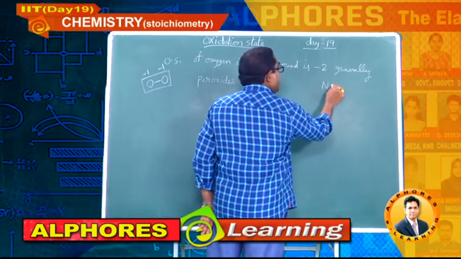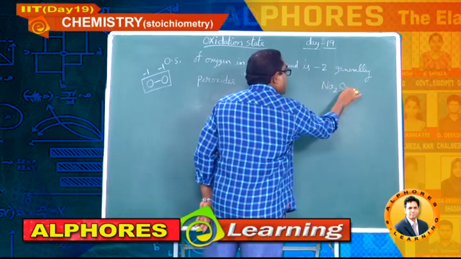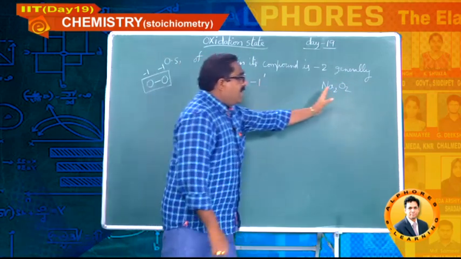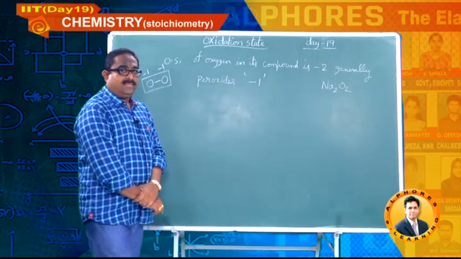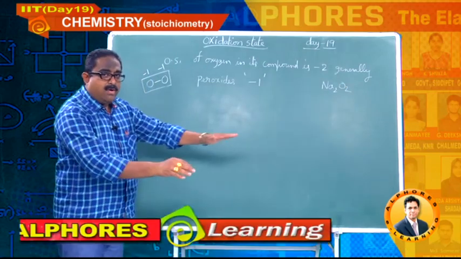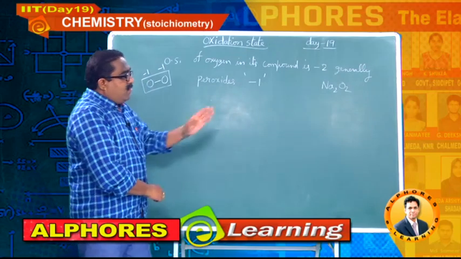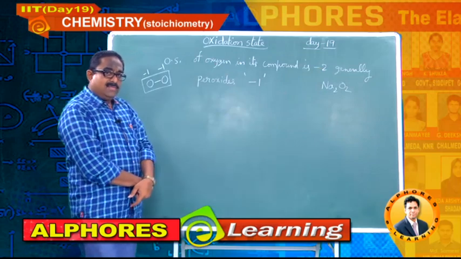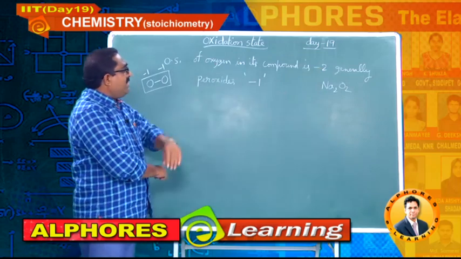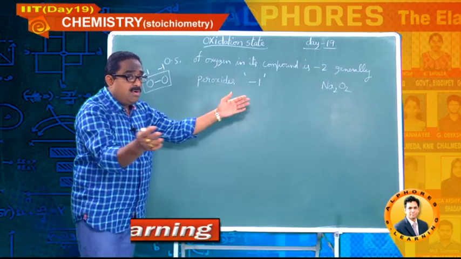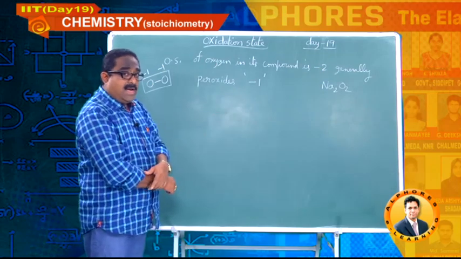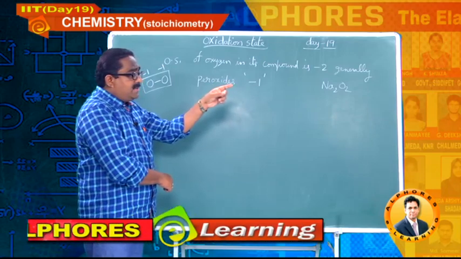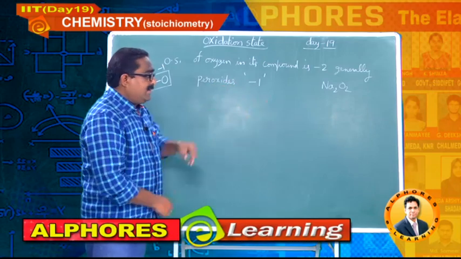Here I am writing the example, Na2O2. This compound contains sodium and oxygen, a binary compound. We don't know whether it is a normal oxide having oxidation state -2 or a peroxide having oxidation state -1. We don't know, but we can estimate whether the given compound is either an oxide or a peroxide. Let me check.